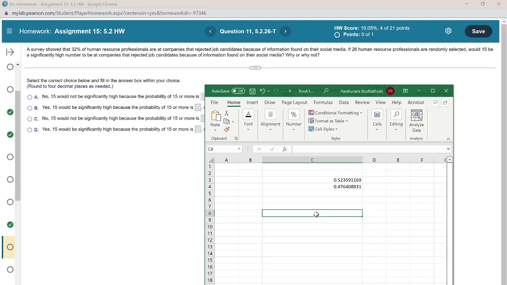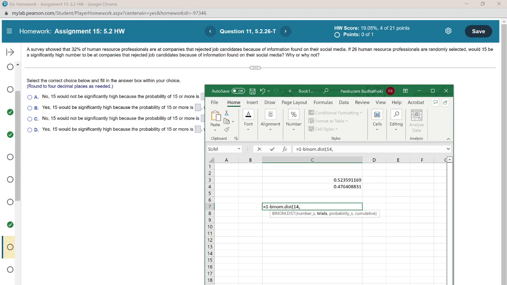Okay, so we want to find 1 minus the binomial distribution of, so how many number of trials are we looking for? 14. We want to find the probability of success of the binomial distribution up to 14 or less, and we're subtracting it from 1.